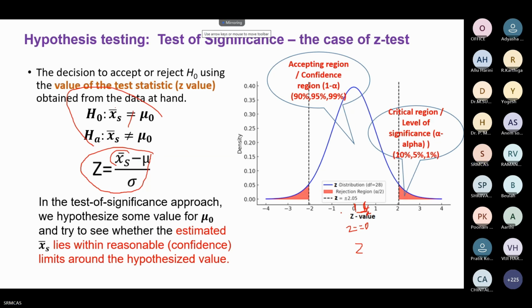But we cannot reject the null hypothesis for small z values because of sampling error. If the z value is larger, there is less chance of small sampling error.